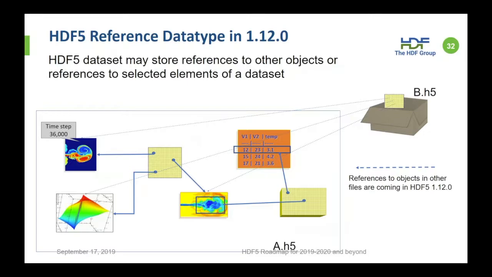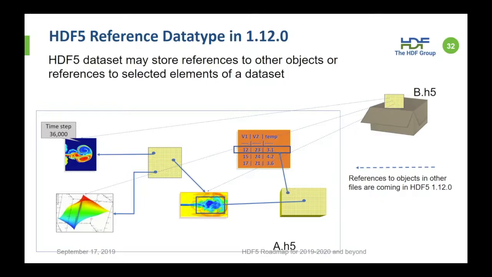Now I'm switching gears here. We were talking about features that help you to improve I/O and organize data differently. So in 1.12, we're introducing a new reference data type. You know that we had references from the very beginning in the library. References are a data type. You can store a reference to the objects that were stored in the same HDF5 file, or you can store a reference to a region, like shown, for example, in the table.